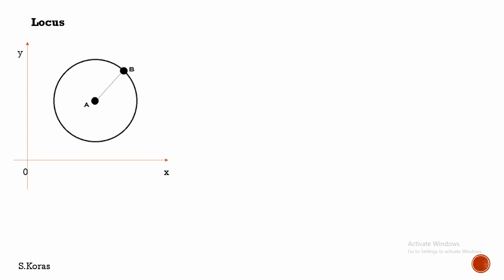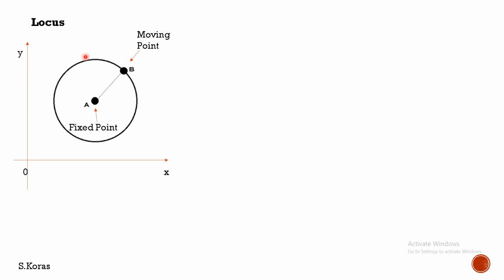Here, this point is a fixed point, and this point is our moving point. So, to get a circle, what you have to do is fix a point, and from that particular point, a point should move in such a way that the distance between the fixed point and the moving point should always be the same.